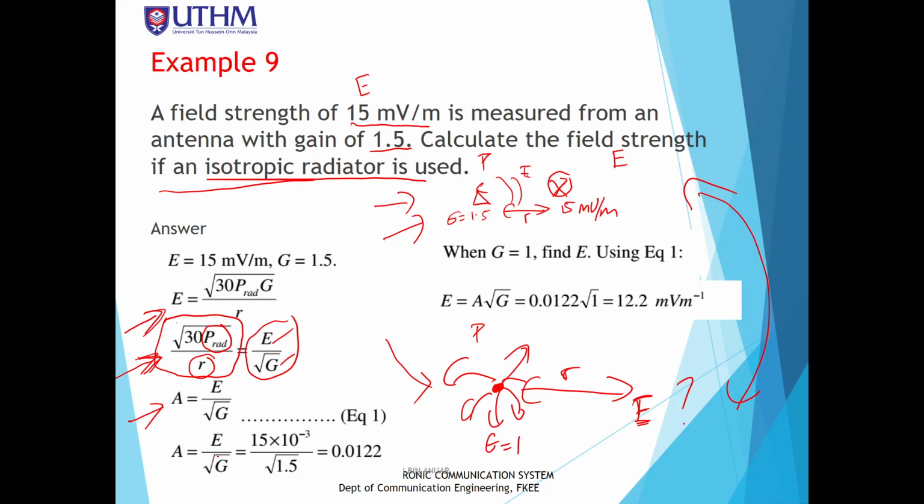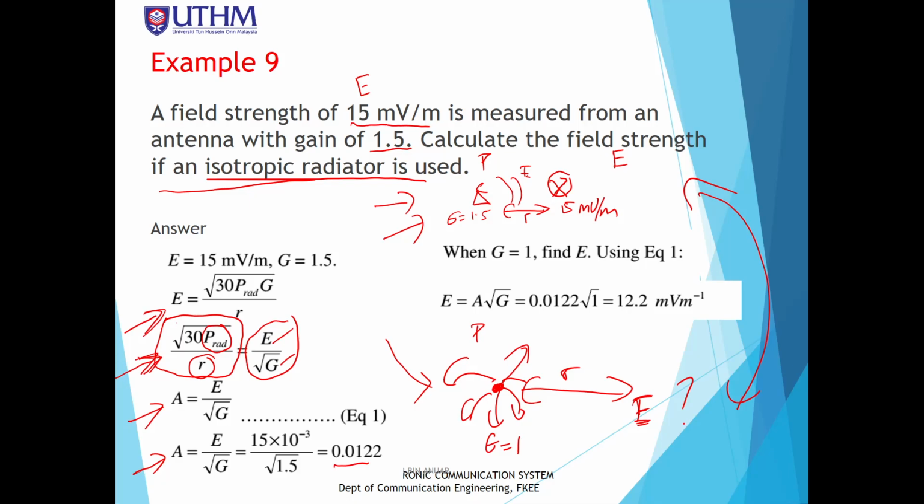So A is equal to 15 millivolt divided by square root of 1.5, which gives 0.0122. This is the A parameter for the real antenna. Now we want to find the new value of E, the electric field.